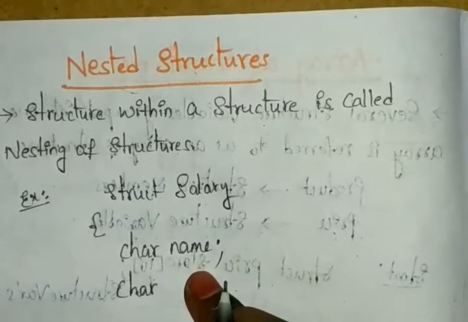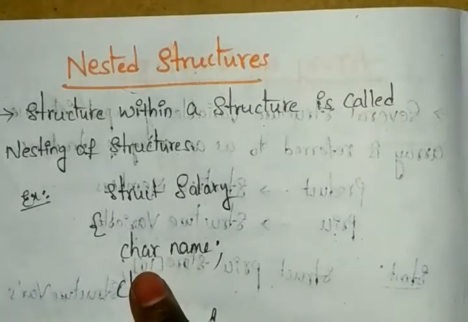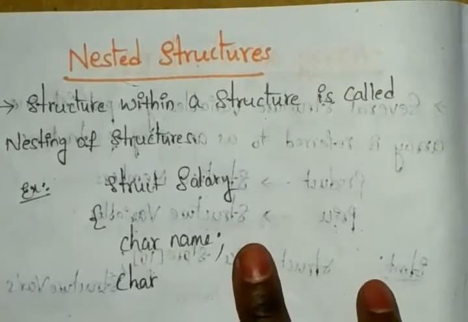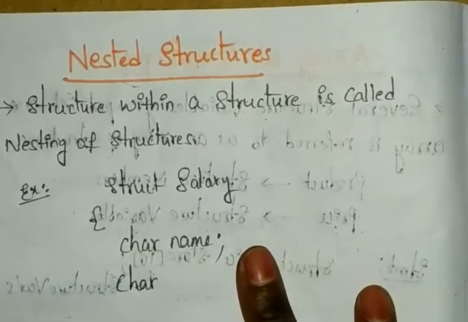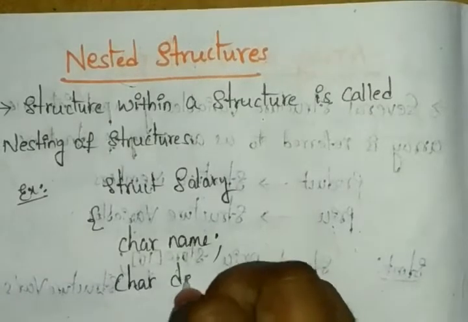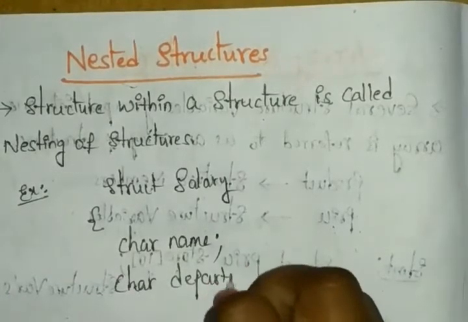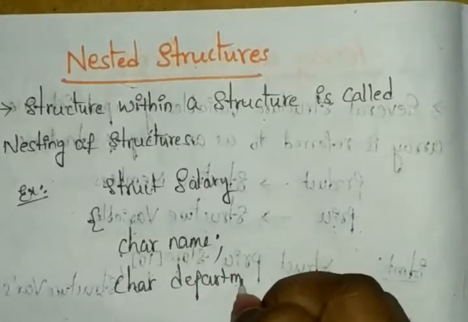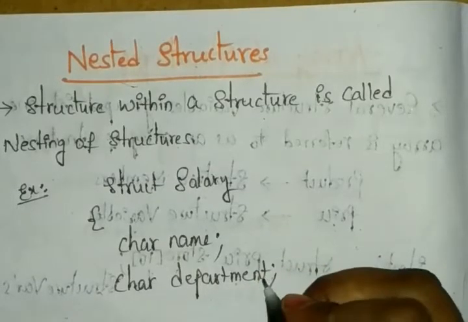The name will always have characters. Next is the department, which also always has characters, for the employee details we are taking.